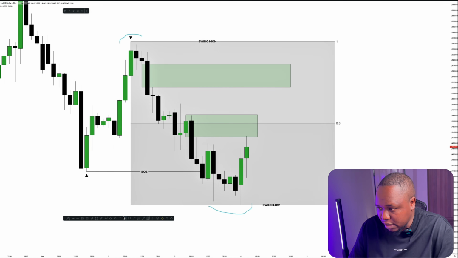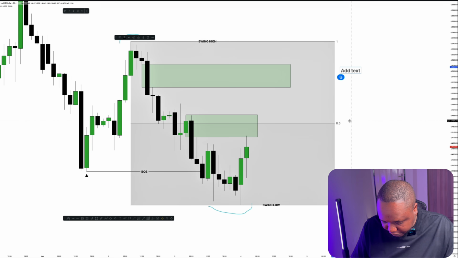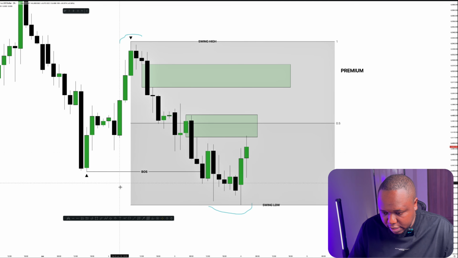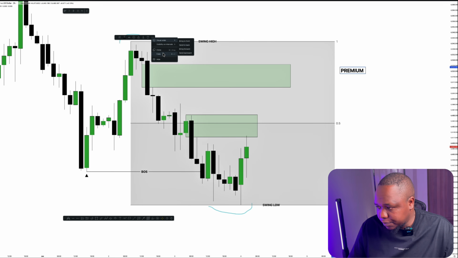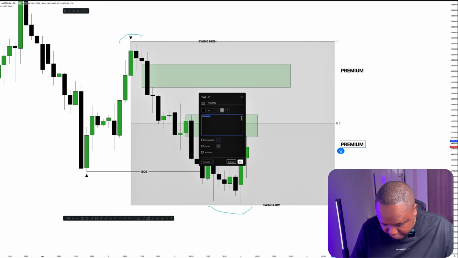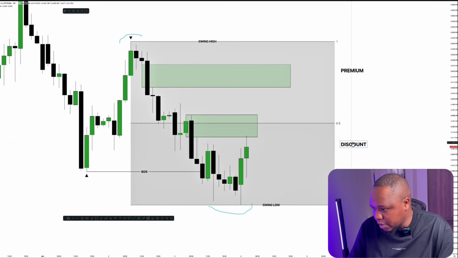We're going to discover that above the 0.5 price is known to be in our premium price, and below the 0.5 price is actually known to be in a discount price.